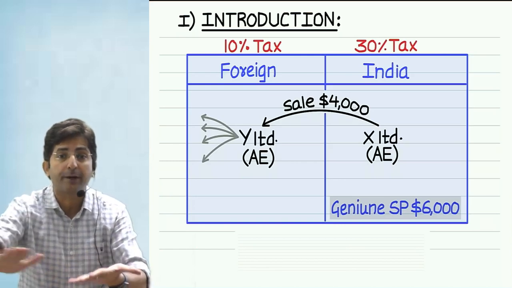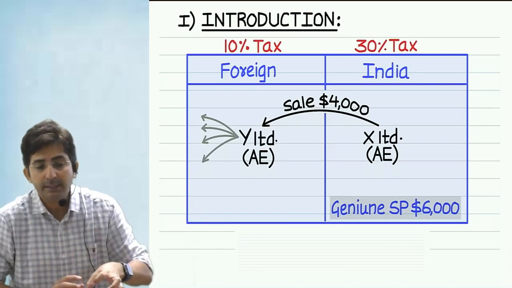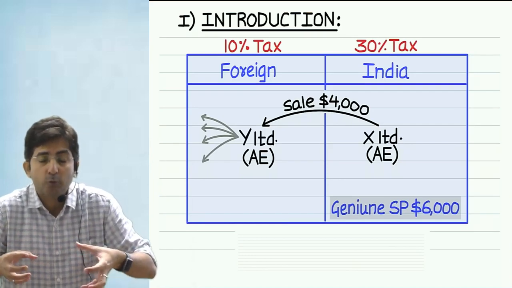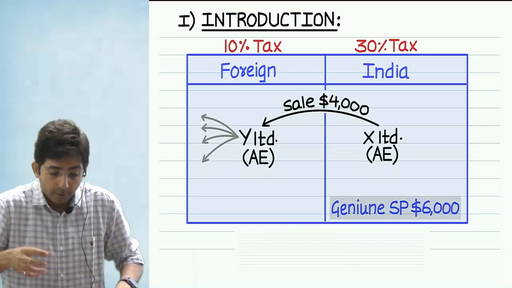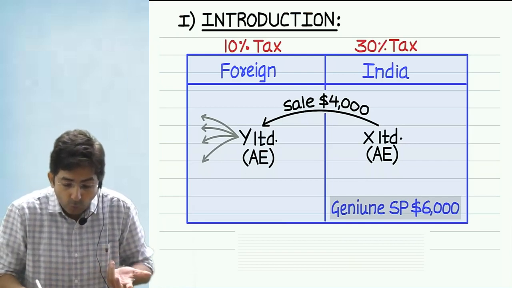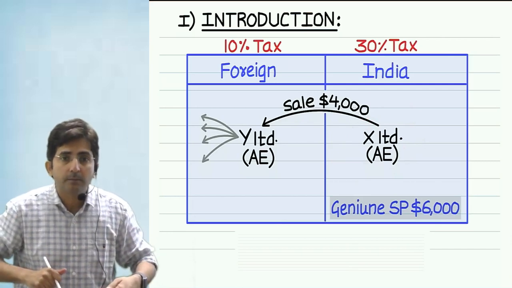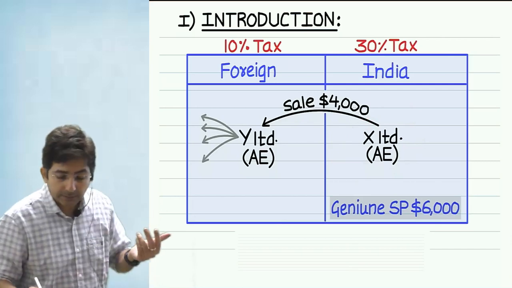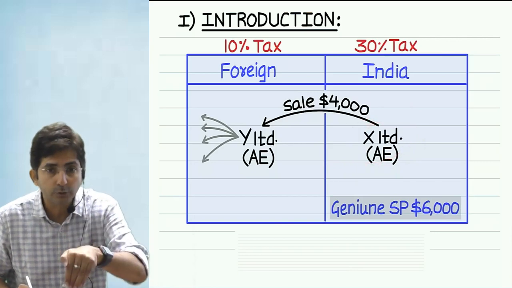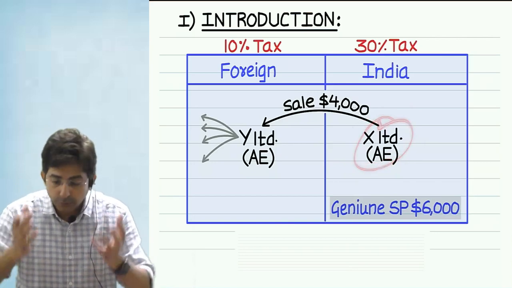Eroded means destroyed. Tell me, why did I say the profit which has a base in India? Why am I calling it the profit with a base in India? Because the goods which are being sold were manufactured in India. It is India's production. X Limited might be producing goods in India.